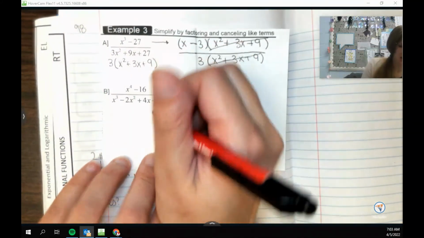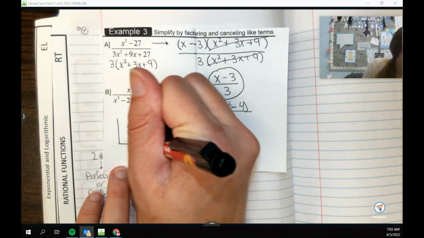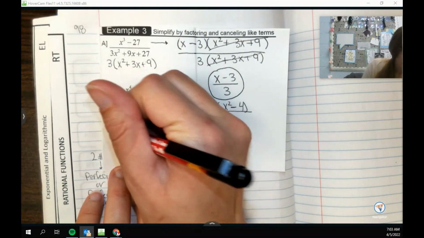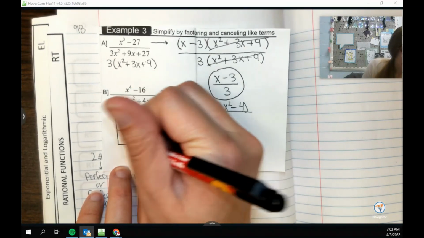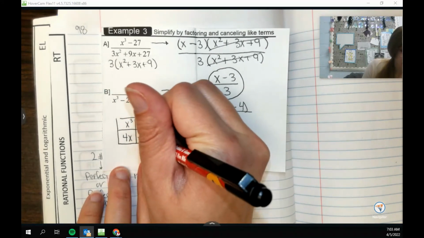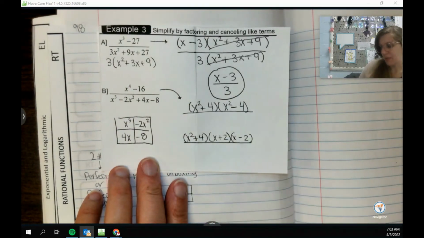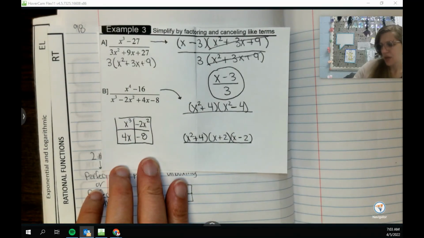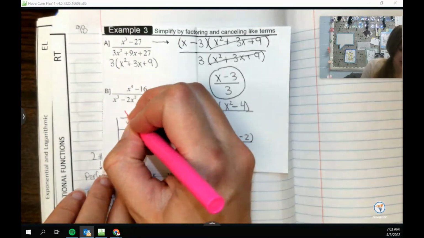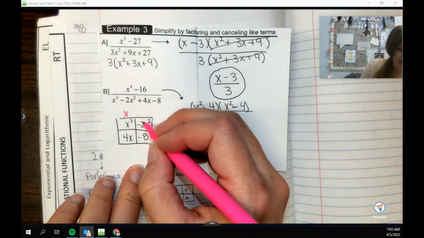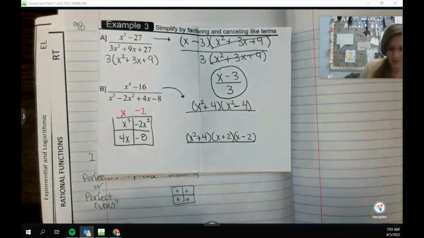Now the denominator, because there are 4 terms, I'm going to do the unboxing method. So I'm going to put everything in a box. And then I want to think about rows and columns. So let me get a different color here. Looking at this first column, they have an x in common. Looking at this column here, they have a -2 in common.